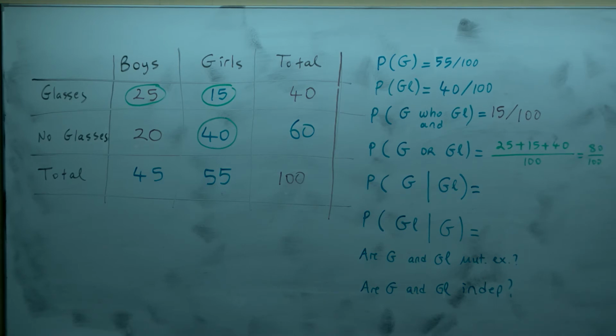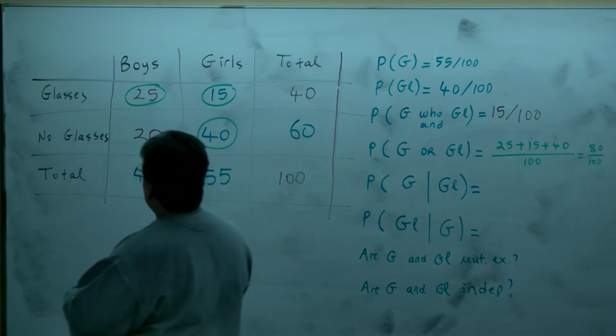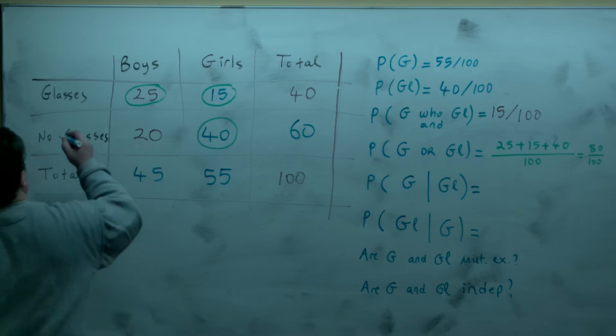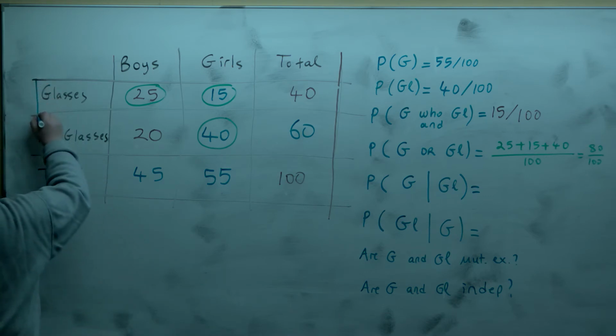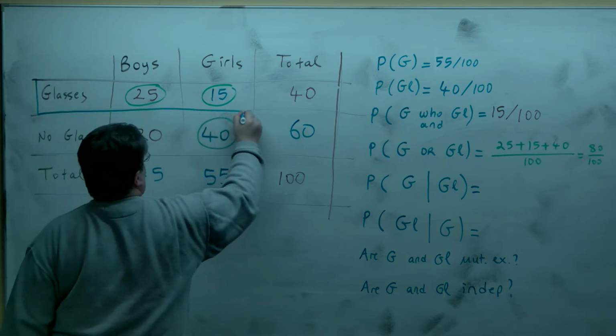Now, what is the probability that a randomly selected student is a girl, given that he or she wears glasses? Now, you are gonna limit the sample space to the people who are wearing glasses only.